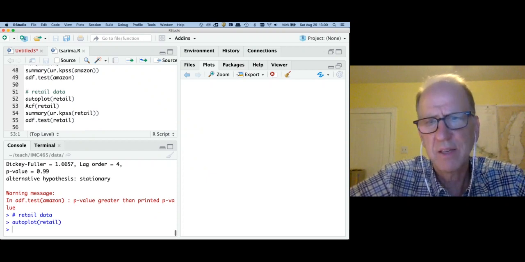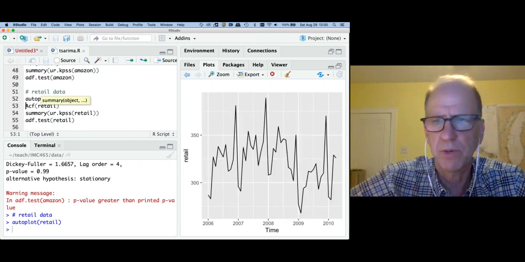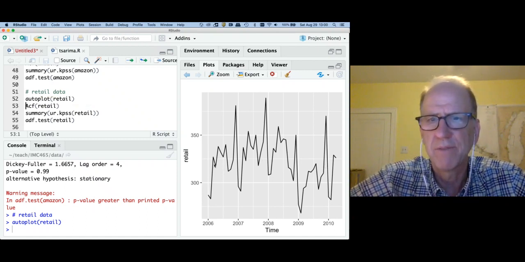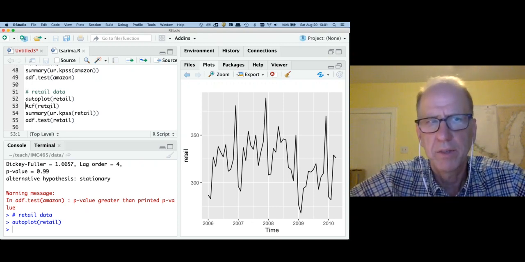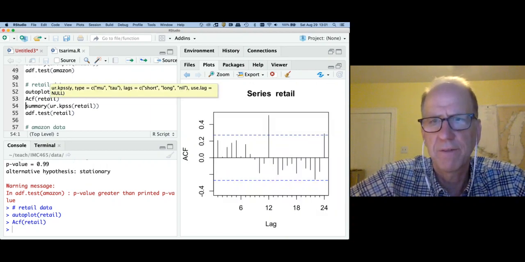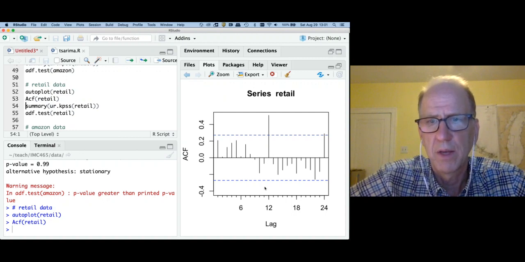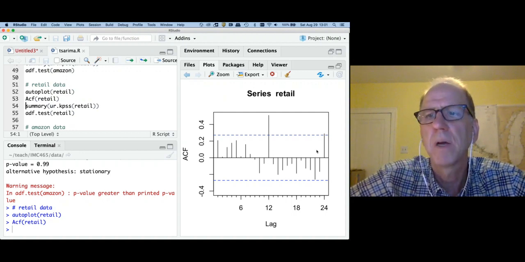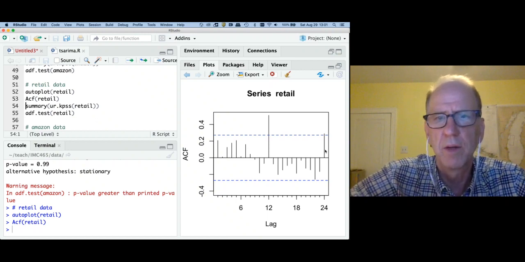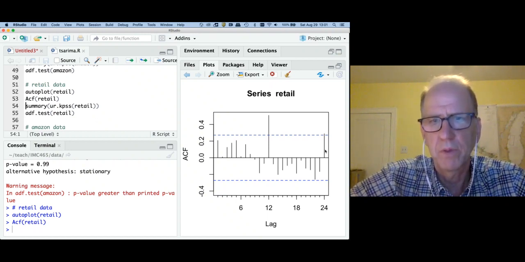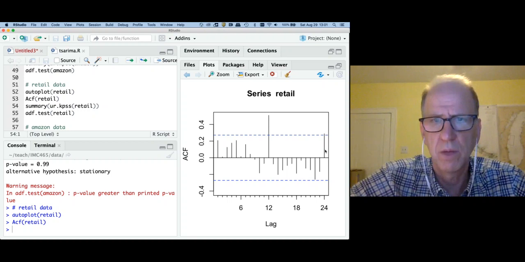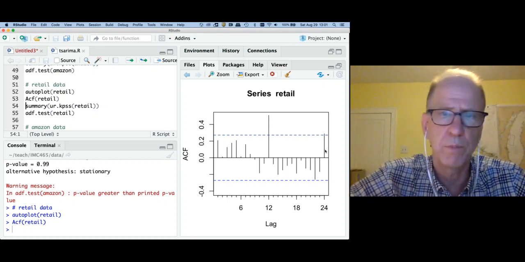The retail data set that we've looked at is kind of interesting because there's no real trend in this data. There's no non-constant variance per se, but we do have seasonality. And if we look at our ACF, I think it's kind of interesting because there's a very strong autocorrelation for 12 and also for 24, indicating what happened this month is correlated with what happened a year ago and what happened actually 2 years ago, 24 months ago.